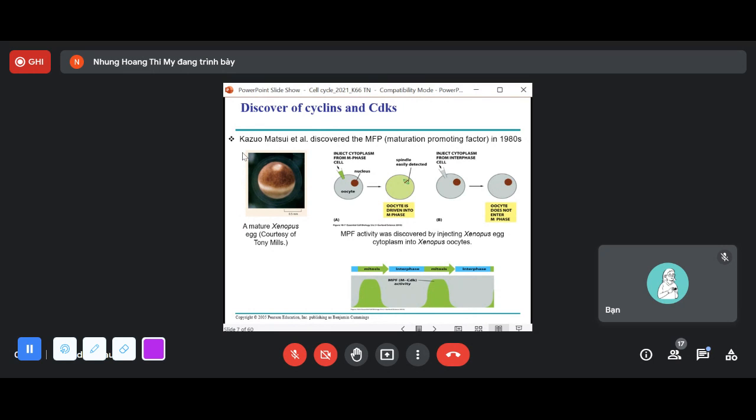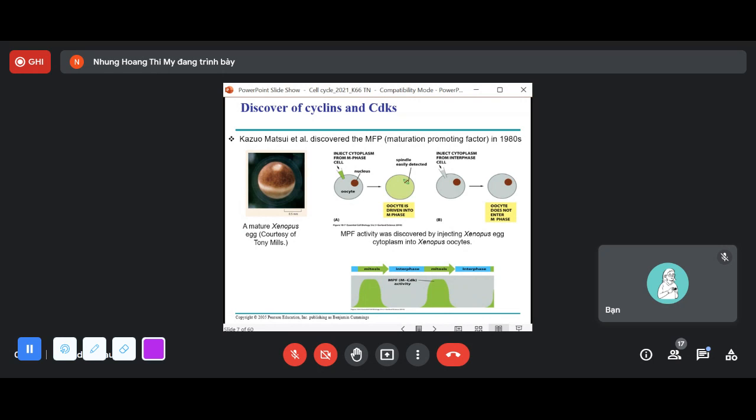So here is one of the research groups from Japan. This is a research group of Professor Kazuo Matsumoto. His group performed the experiment on the egg of the Xenopus. So Xenopus belongs to the frog. Xenopus egg is, in fact, a very popular model to research early biological development.